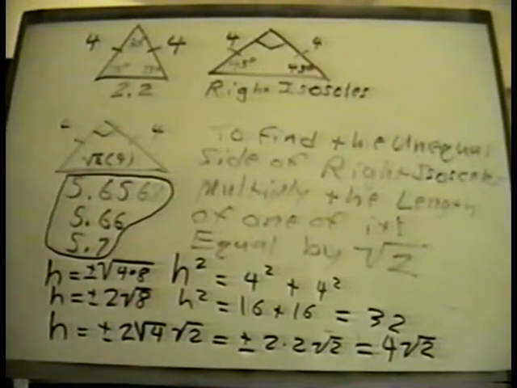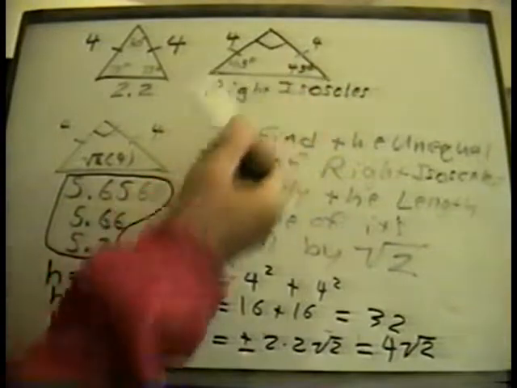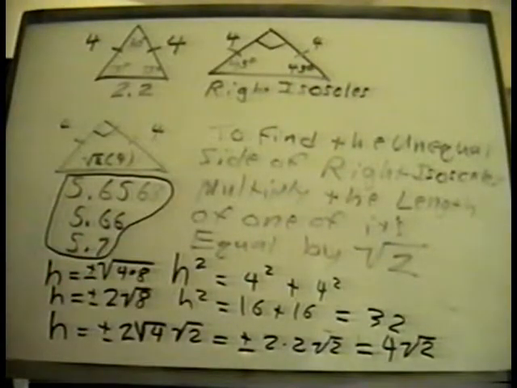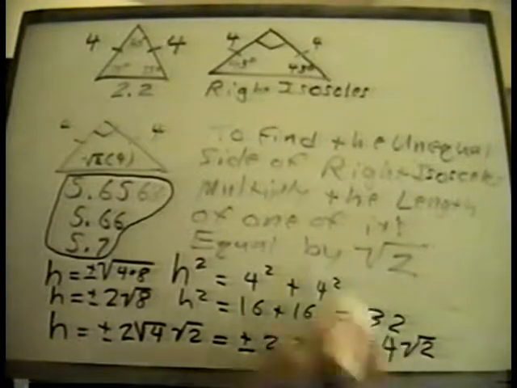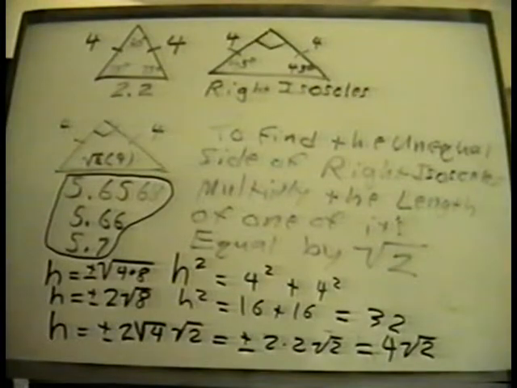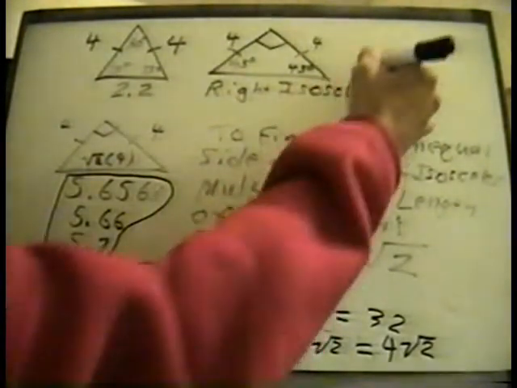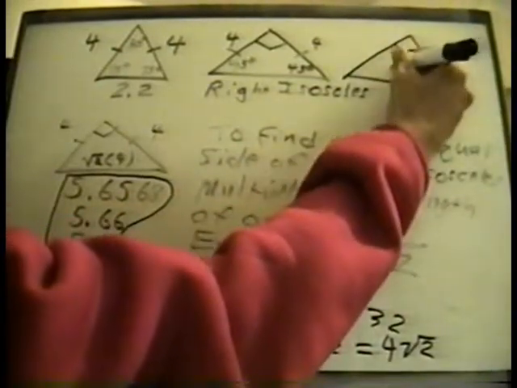And then 4 square roots of 2 is going to come out to this value here. But the first method is a lot less work if you know that you're working with a right isosceles triangle, where you simply multiply the length of one of the equal sides by the square root of 2. And that's exactly what you have here. 4 square roots of 2, which is what this side is equal to.